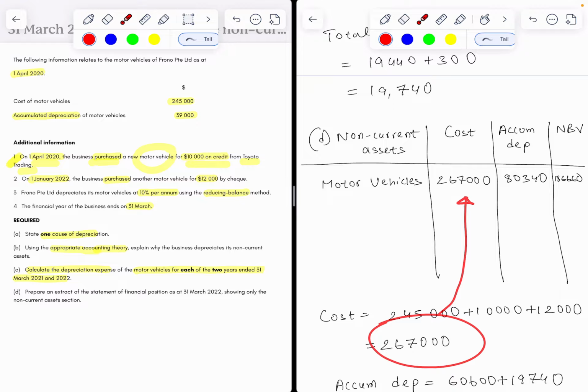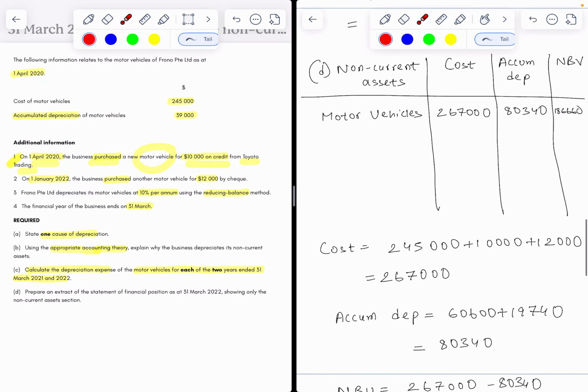How did we find the accumulated depreciation? If you recall, at the end of the previous financial year, after calculating the depreciation expense, we found the accumulated depreciation, and that is $60,600. And for this financial year ending 31 March 2022, this is the depreciation expense which we have incurred.